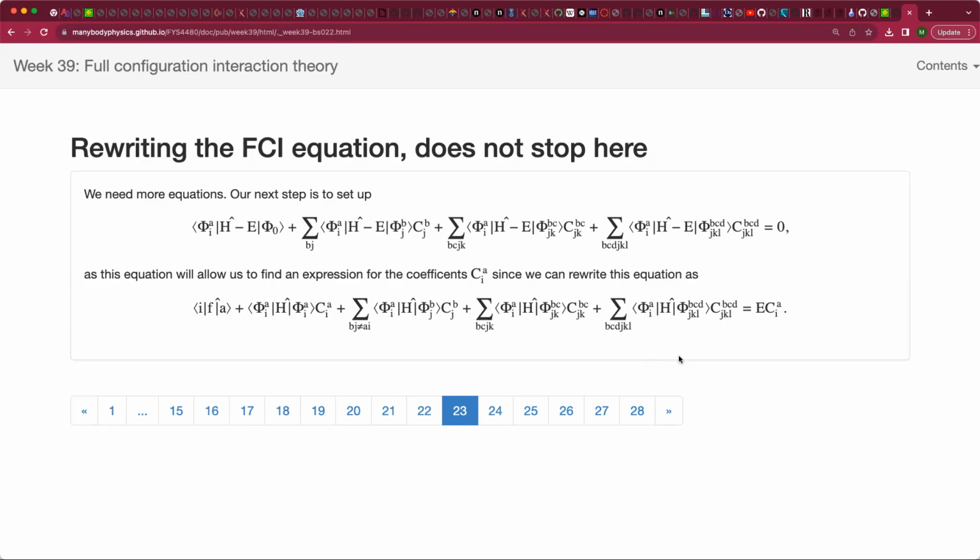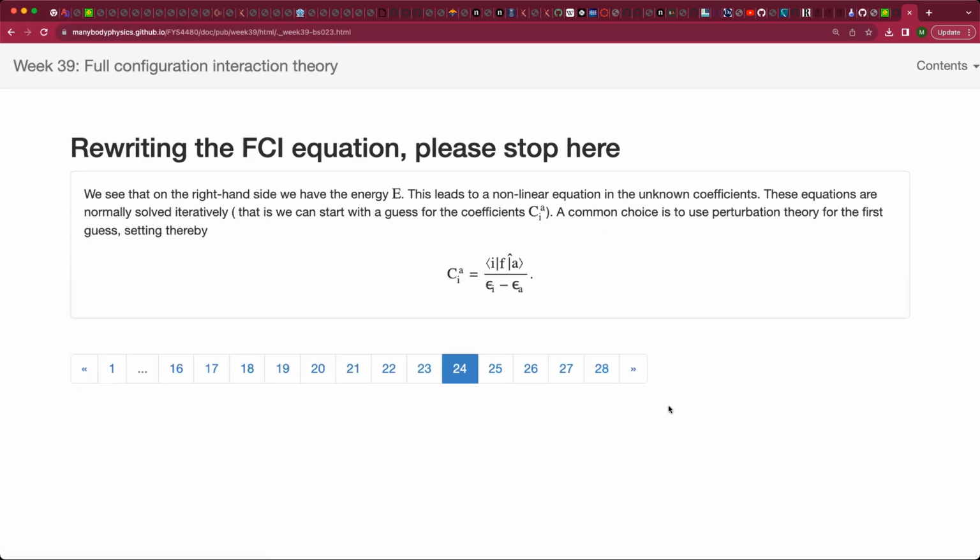Now, what is pretty common to do then is actually to use an approximation here. And we are coming back to this when we are going to discuss many-body perturbation theory. So many-body perturbation theory gives an explicit expression for this coefficient. And this is something we come back to. And then you can actually make an ansatz for the coefficients and you can start iterating.